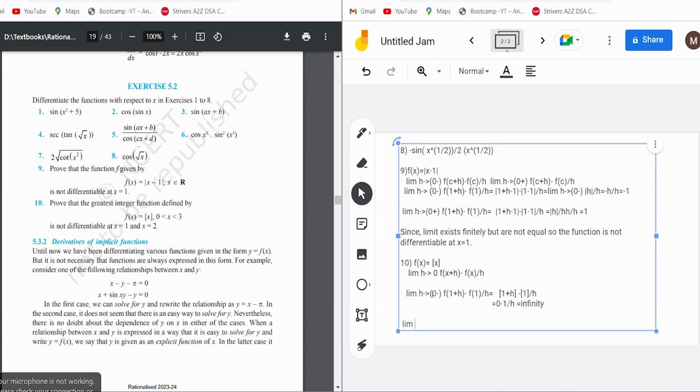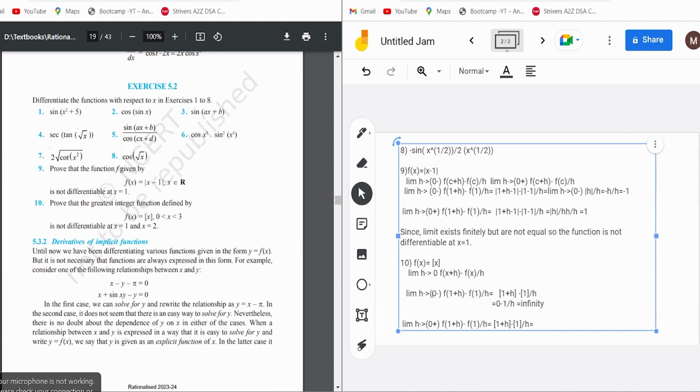Limit of h tending to 0 plus f of 1 plus h minus f of 1 divide by h. So from here we can write the same thing, 1 plus h minus 1 divide by h. But in this case, since h is greater than 0, 1 plus h would be something like 1.00000001.